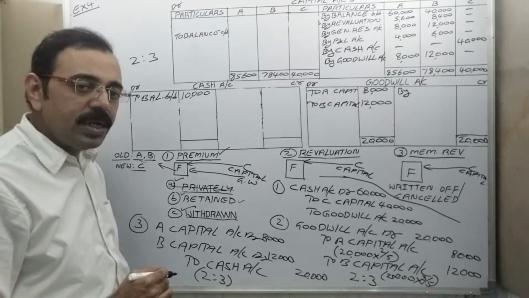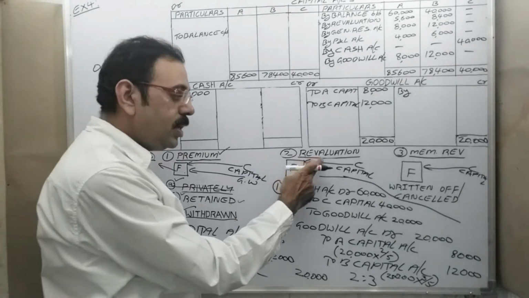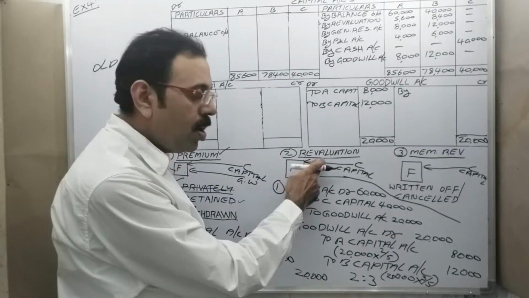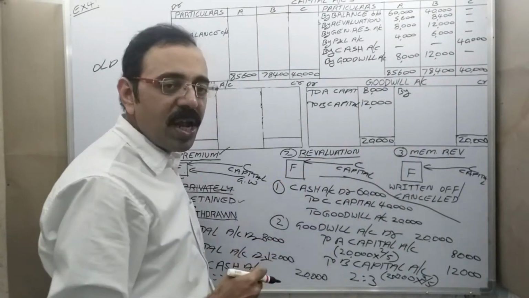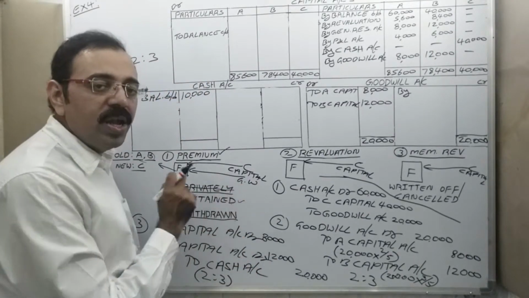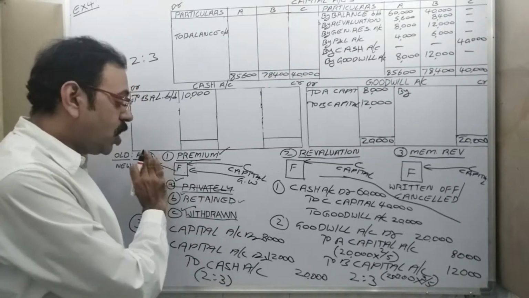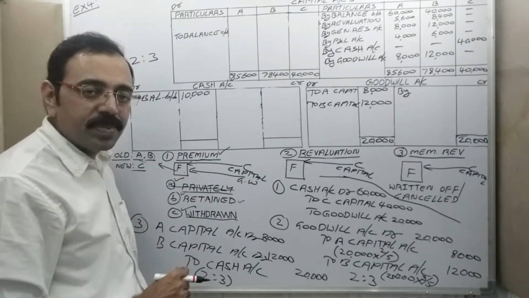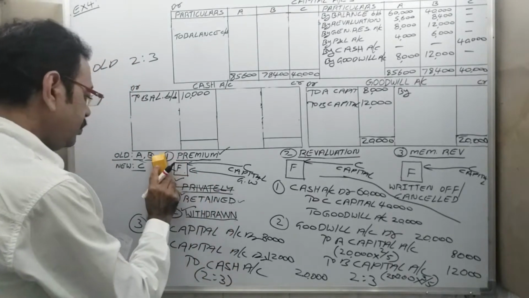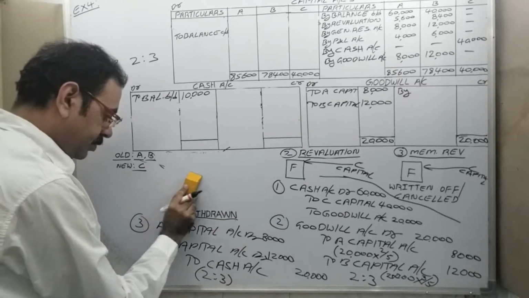In which method does he bring only capital? Either revaluation method or memorandum revaluation method. The new partner is not bringing goodwill along with the capital. Therefore, this is not premium method. Okay? It is not premium method.